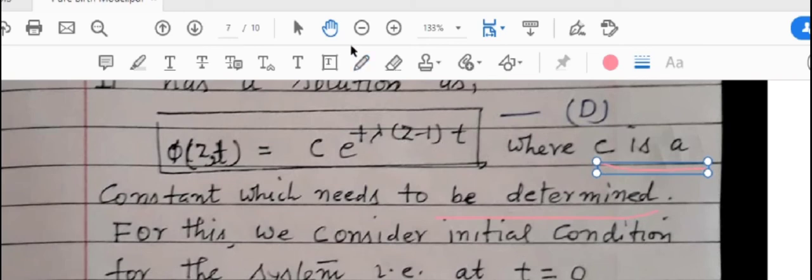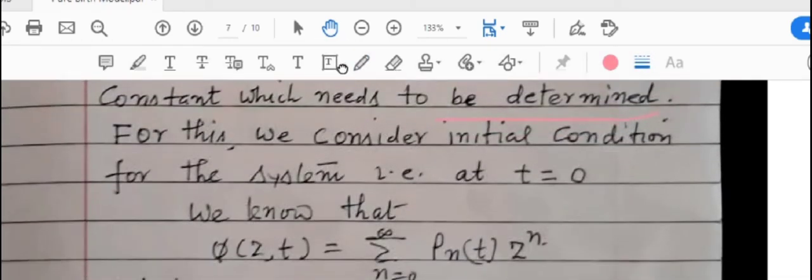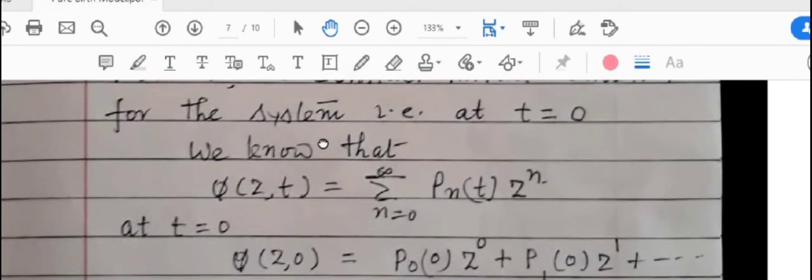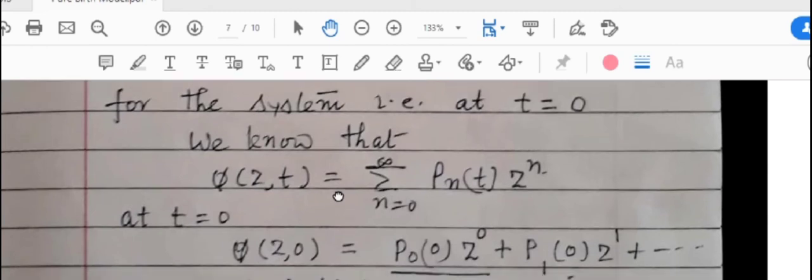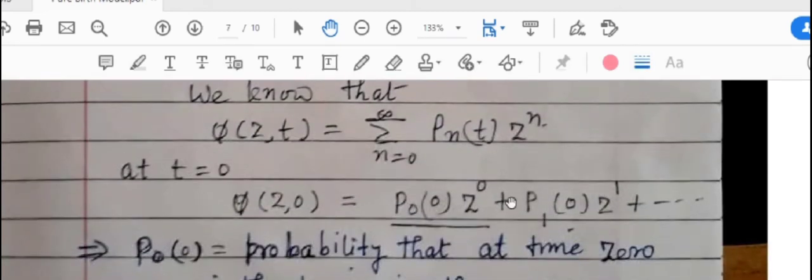And at t equal to 0, what happens? Let us have the justification. This is the generating function, or probability generating function.